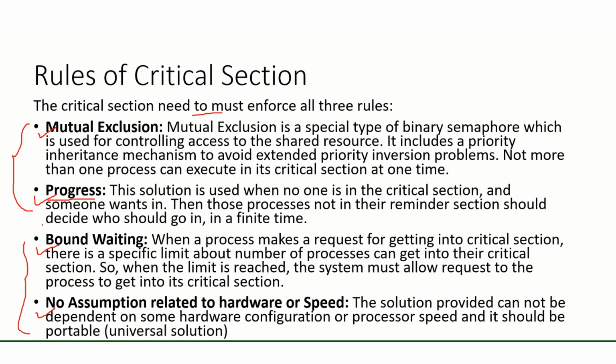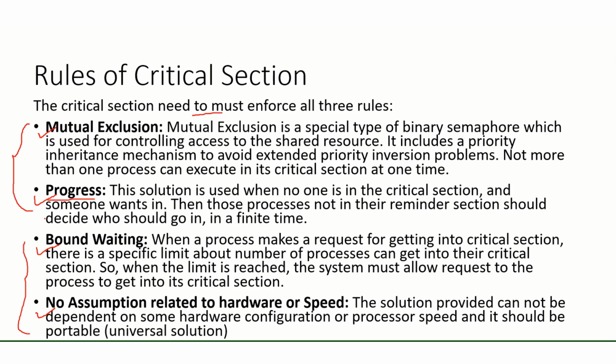Now next is bounded wait. If P1 is in the critical section and P2 is waiting to go in, after completing its execution P1 comes out and re-enters the critical section, while P2 is still waiting. It is valid that P1 is using the critical section 4 or 5 times and P2 only once.